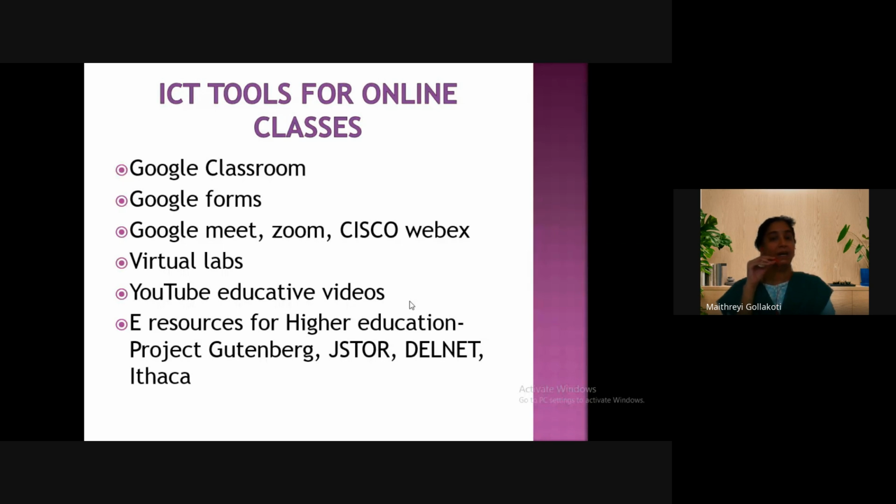But you need a JSTOR pass, which can be taken by the institution or you can take it individually also. Then again, it is also a very big database which gives us different types of journals. We can directly access them from there, and it is very useful. You can access it through subscription.